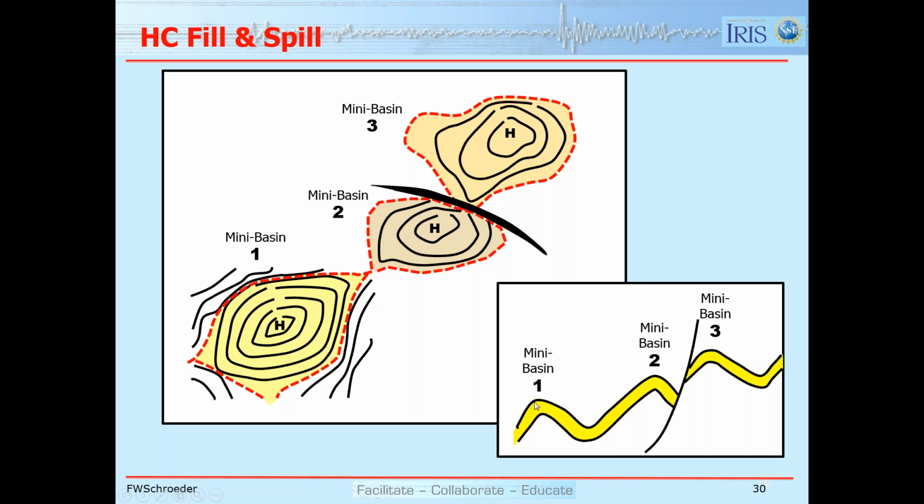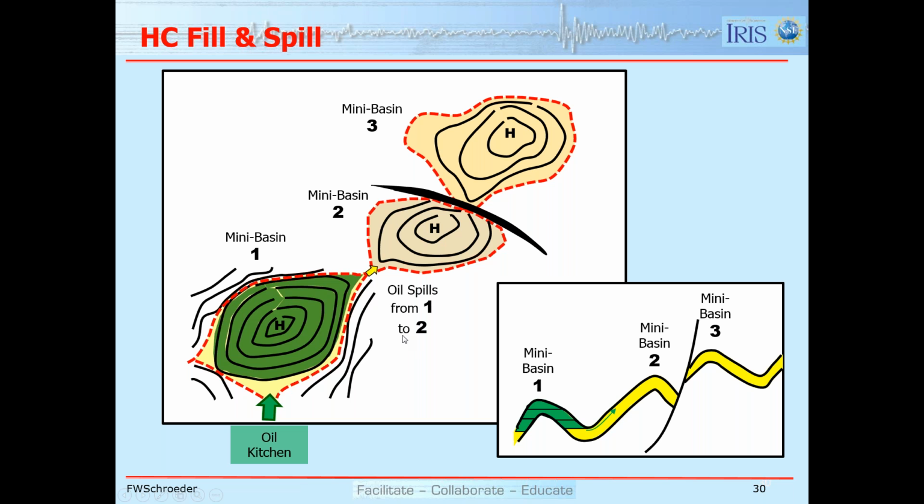So this is the deepest part of the migration pathway. This is intermediate, and then this is the highest. So if our oil kitchen is down to the south and we start to generate oil, we'll start to fill trap 1, and we fill it some more, and we fill it some more until we're at the synclinal spill point.